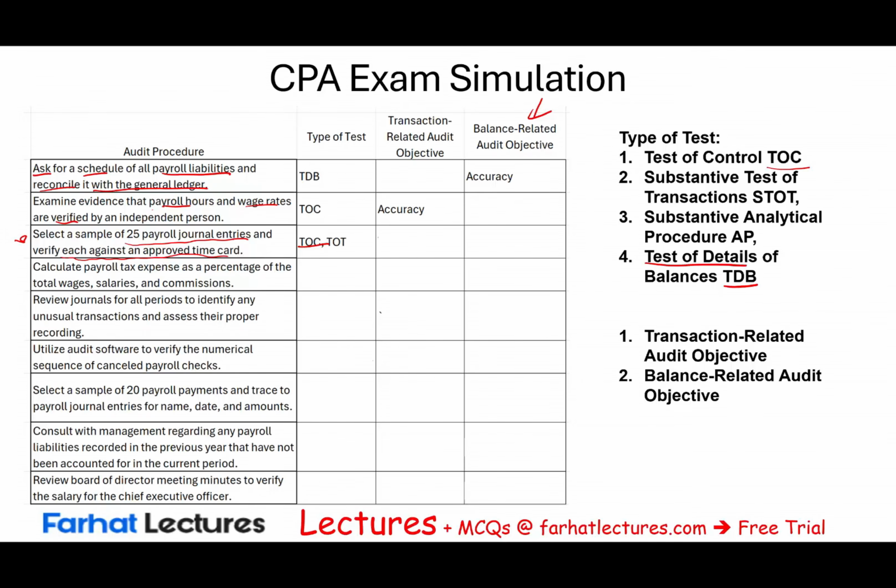Either we do or we don't. And when we look at the figures, the number versus the time card, we are testing the transaction to determine if the transaction is correct. Well, I just told you the objective: accuracy, and occurrence if the time card was already approved. So the individual did work. So we're meeting two audit objectives, and we're meeting two tests when we perform this step.